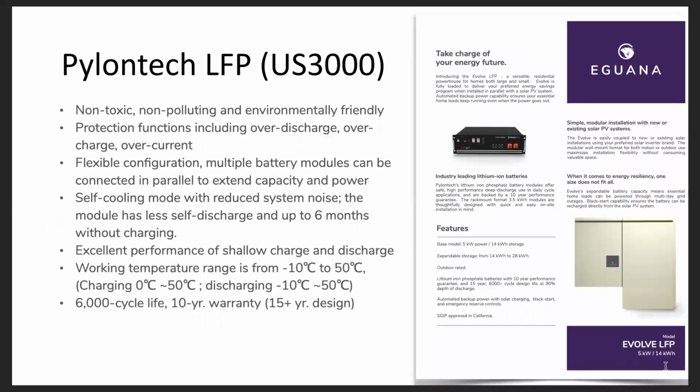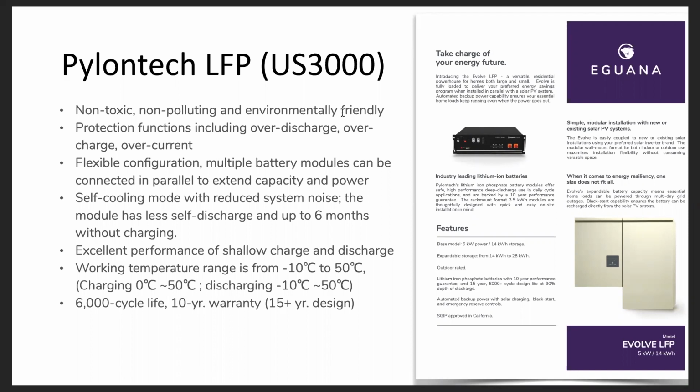Here is a quick data rundown on the PylonTech lithium iron phosphate battery module. The data sheet is shown here on the right. I won't read through these, but just wanted to highlight a few things as far as the environmentally conscious nature of the chemistry itself.